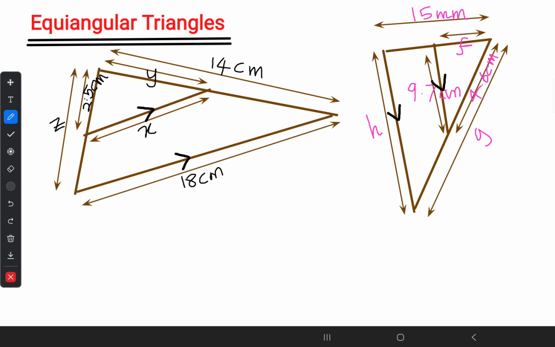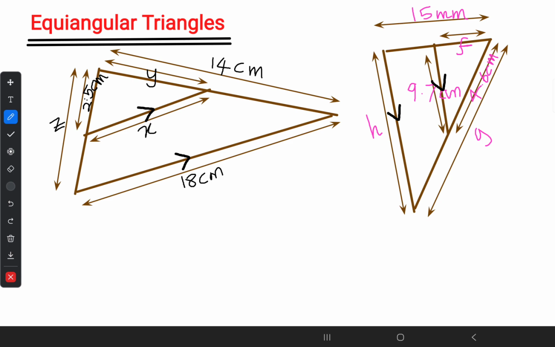Mostly students get confused whether to apply the midpoint theorem or the equiangular triangle theorem. Look at this. In the midpoint theorem, definitely you need data on whether it is a midpoint or not. If it is a midpoint or not, in any occurrence you can use the equiangular triangle theorem.